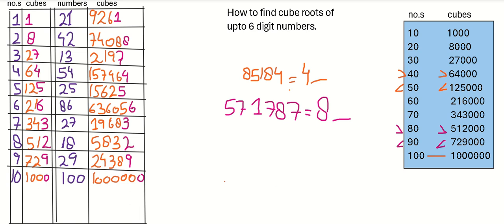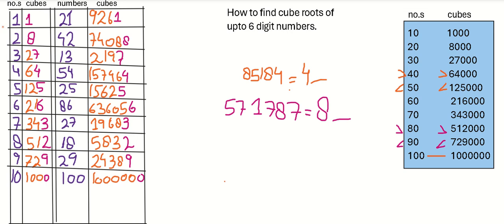Now let's look at this table to figure these ones digits out. What I've done is taken some numbers like 1 and its cube, 21 and its cube, 5 and its cube, 25 and its cube, and a lot of numbers like this. If you observe carefully, you will notice a pattern.